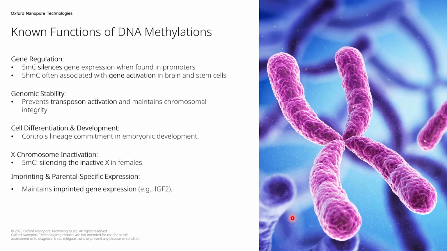It can silence gene expression by adding methylation around promoter sequences, or in the case of 5-hmC in specific tissues like brain or stem cells, it plays a role in activating gene expression, and that's usually where you'll find it most highly expressed. It can also help with genome stability and cell differentiation through modulating gene expression activity throughout development. And you can also see it in things like X chromosome inactivation.